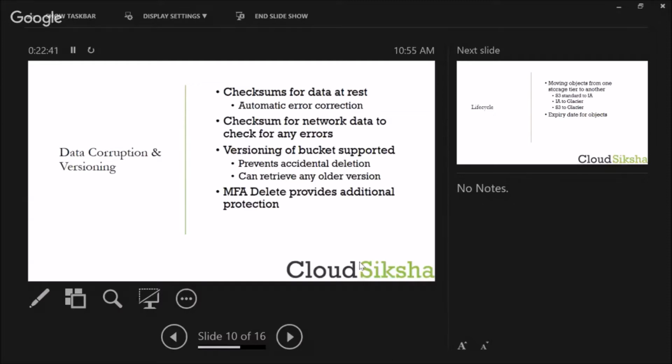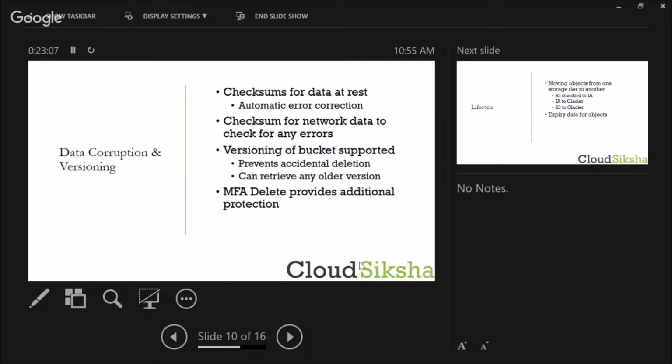If it can be error corrected, it does error correction. If there is a need, it can always go and check the other objects which are not corrupted and then accordingly make the error correction. And it also does checksums of the network data. Before it stores anything, it also does a checksum of that data to ensure that you have minimal data corruption.